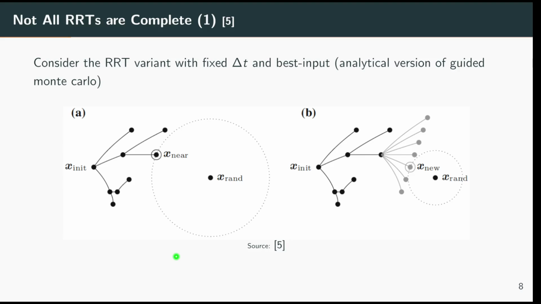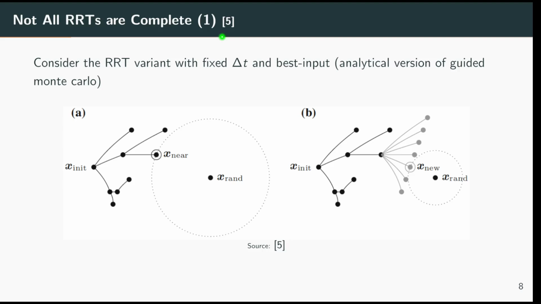And there's been this paper, which I forgot how old it is, but it's not that old, and they looked at one particular variant of RRT, where they then showed by counter examples that it's not complete. And I think that argument is quite interesting, so let's look at it in more detail.